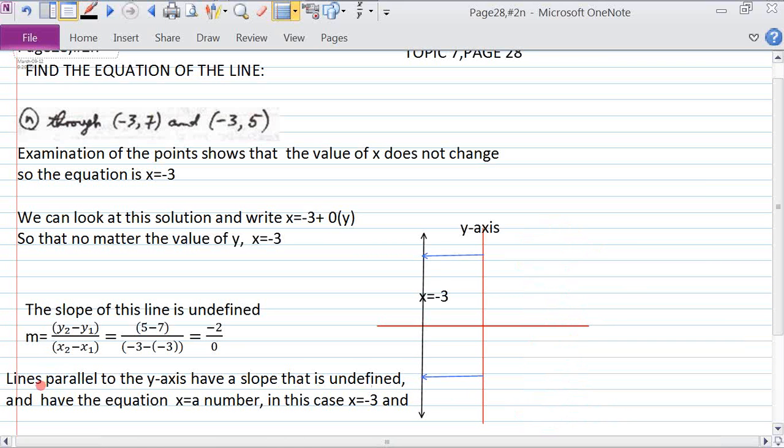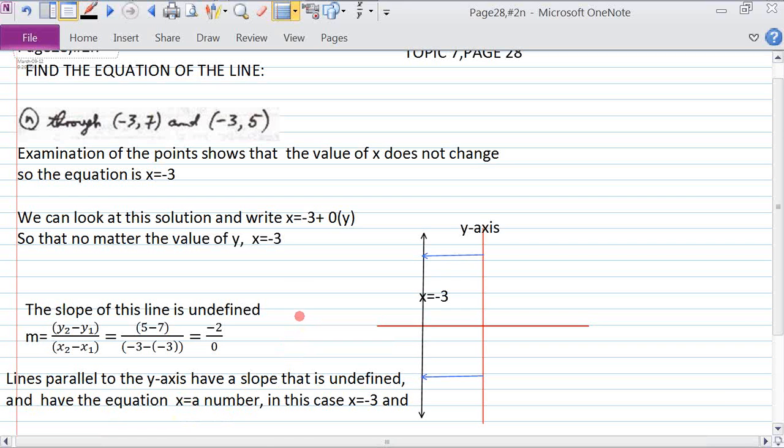Vertical lines always have a slope that is undefined, and they are parallel to the y-axis. There's the y-axis. This line, x equals minus 3, is parallel to the y-axis. And these lines have the equation x equals a number.